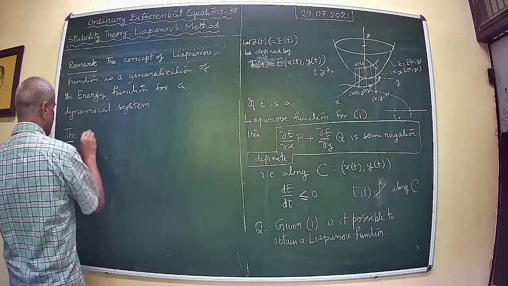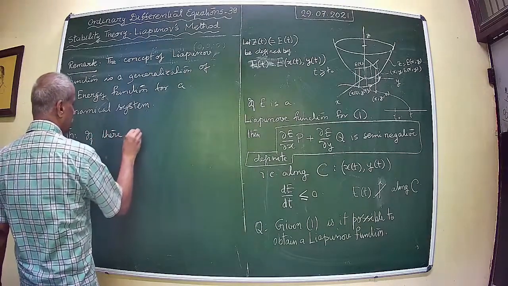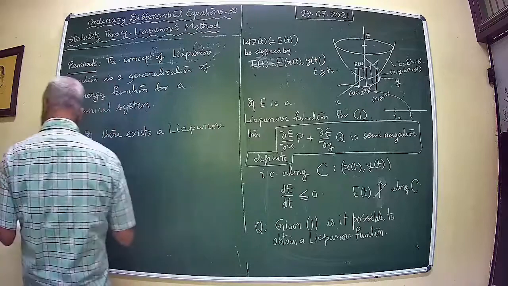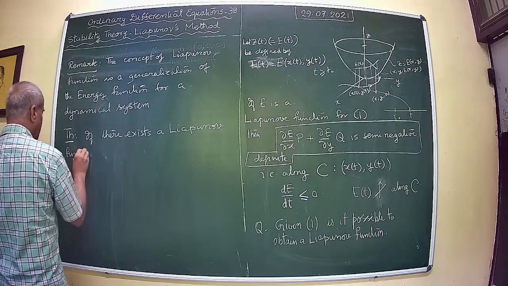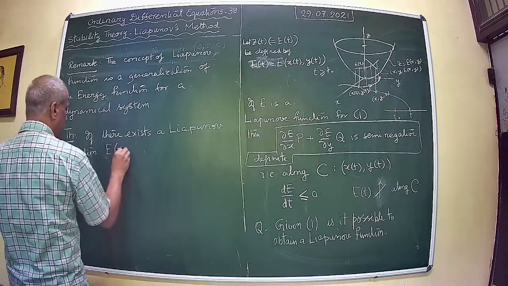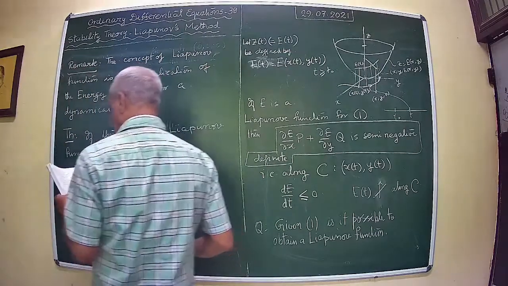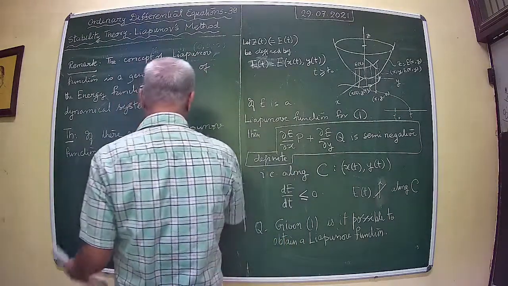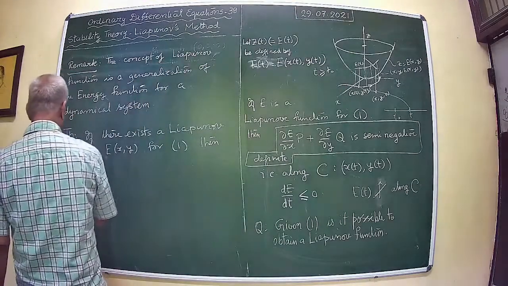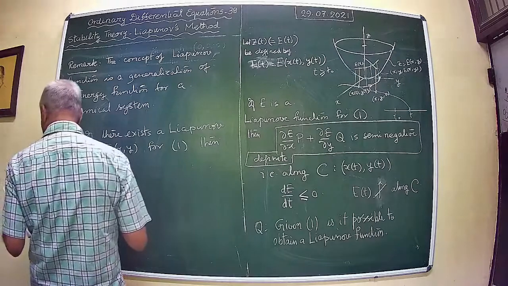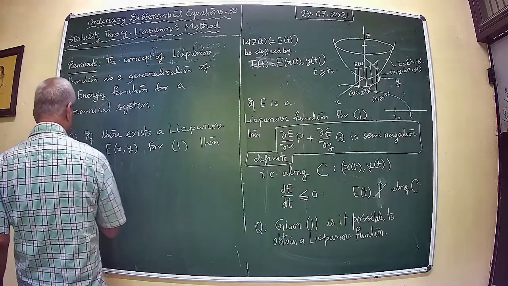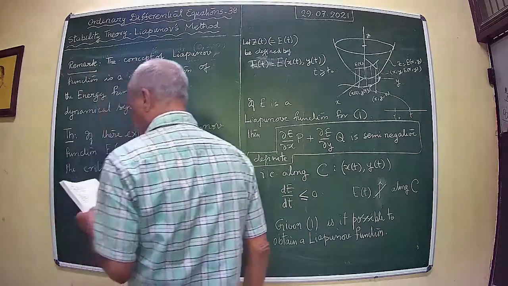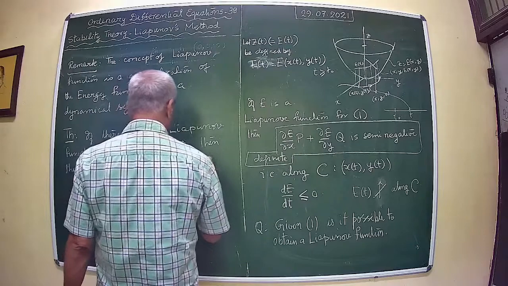If there exists a Liapunov function E(x, y) for the equation 1, then the corresponding critical point (0, 0) is stable. It is a stable equilibrium.